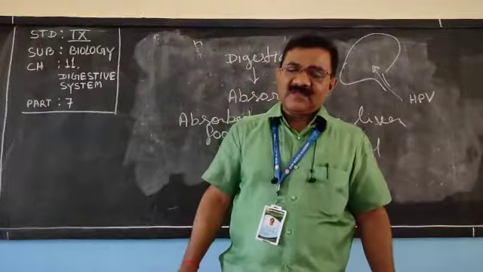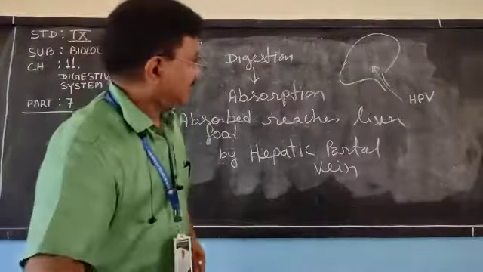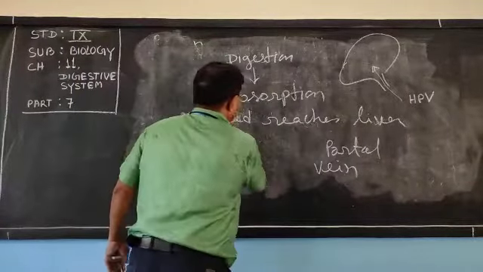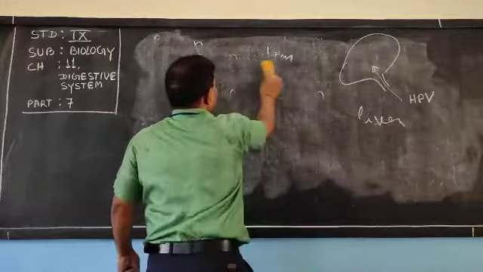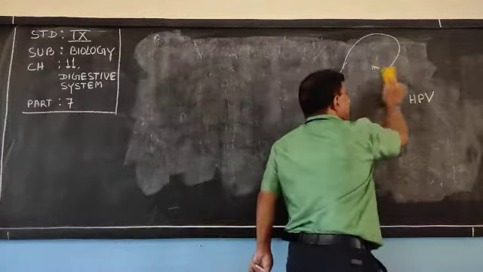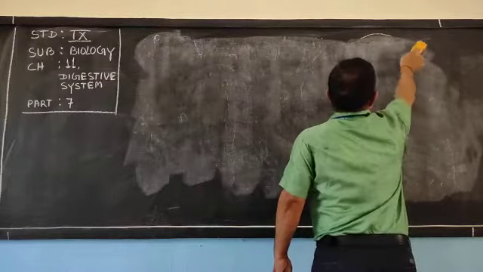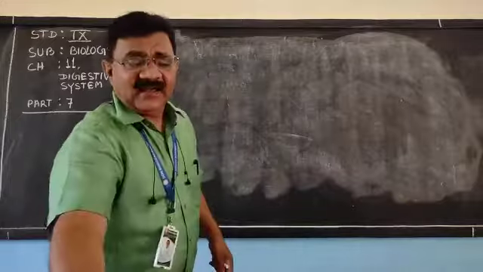Very clear? Now, the small intestine part is clear. After the small intestine, the important part of the food is absorbed and sent to the blood vessel and lymph vessel.